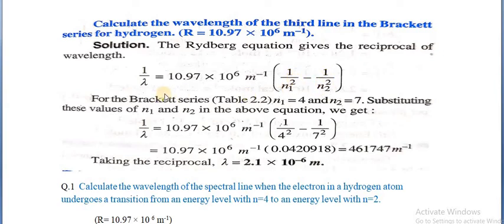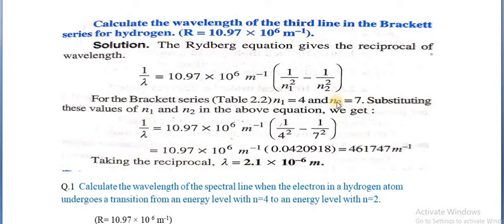Now, from the Brackett series, if you look at the last table that we discussed, table 2.2, all the details of the spectral lines are given: first line, second line, third line. According to this statement, n1 will be 4 and n2 will be 7.